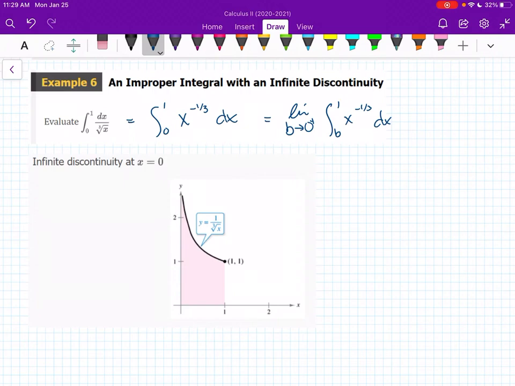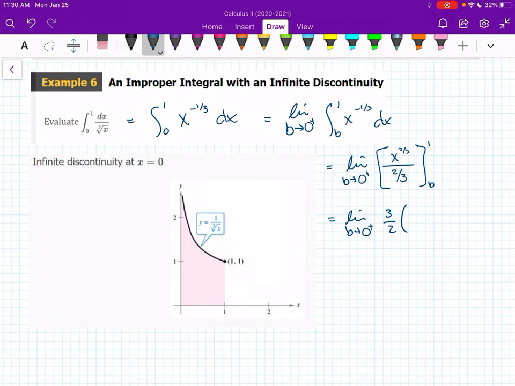Then when I take the antiderivative, I still have the limit as b approaches 0 from the right, and I get x to the 2/3 divided by 2/3 evaluated at b and 1. So then we get the limit as b approaches 0 from the right, and we have a 3/2 here. Then I plug in my bounds.